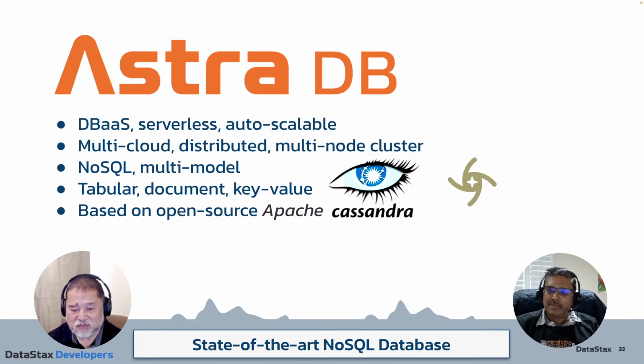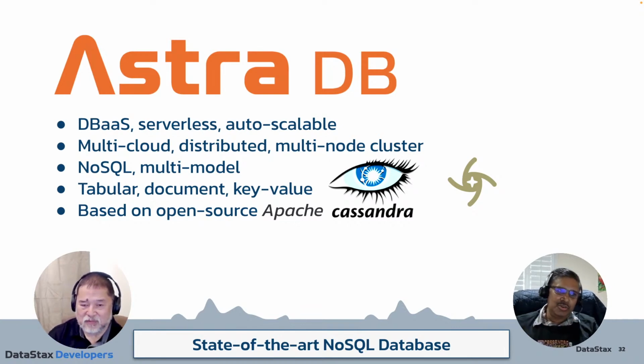Now this API allows applications to connect to AstraDB or Cassandra, and it allows you to query the data in whatever format you want: row column format, document format, or a key value pair format. So Stargate API is very strong, where you don't have to worry about how the data is stored.